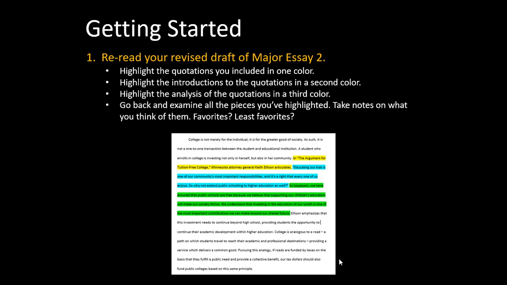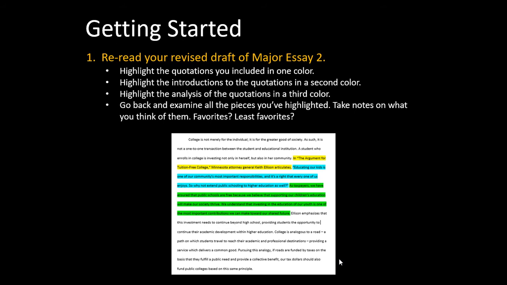Now to get started on your reflective essay, I want you to start rereading your revised draft of major essay 2, looking for the places you used quotations. And I want you to highlight those quotations in specific ways.